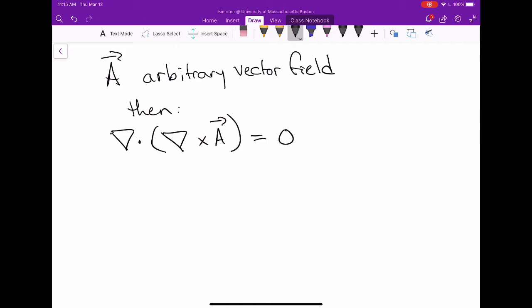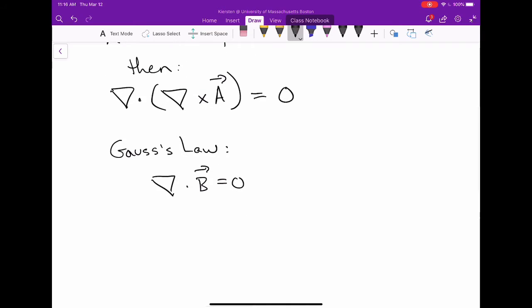But here's the key thing. We also know from Gauss's law that the divergence of the magnetic flux density is 0. So that means that the magnetic flux density could be the curl of some vector field.